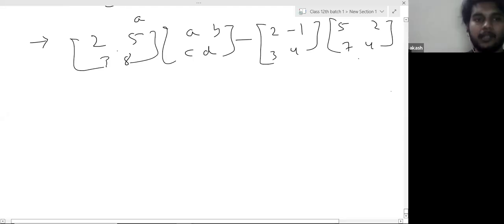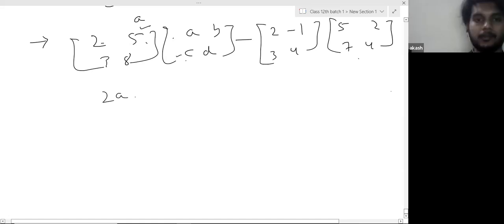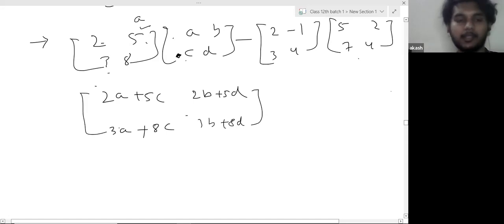Multiplying this, 2 times A, 2A, plus 5 times C, 5C; then 2B plus 5D; then 3A plus 8C. No, not minus C, this is C only. And 3B plus 8D. Is this clear? Yes, I got that.